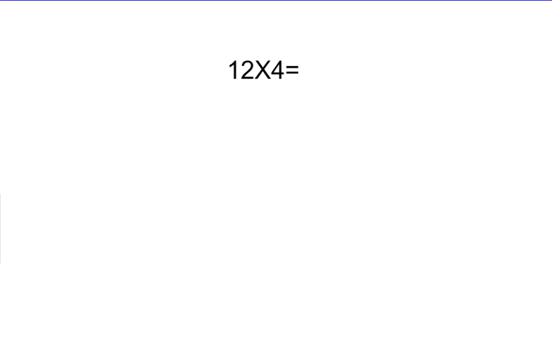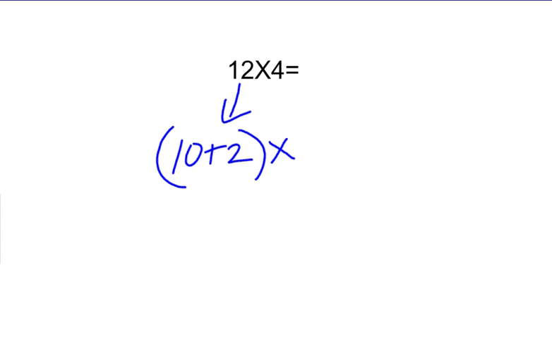So if they have 12 times 4, we can get into bigger numbers, and then we can use what we learned in addition. We know that 12 is 10 plus 2. We know about expanding numbers from when we had our addition unit and our subtraction unit. I can put that into parentheses, and I'm going to multiply by 4 for the distributive property.